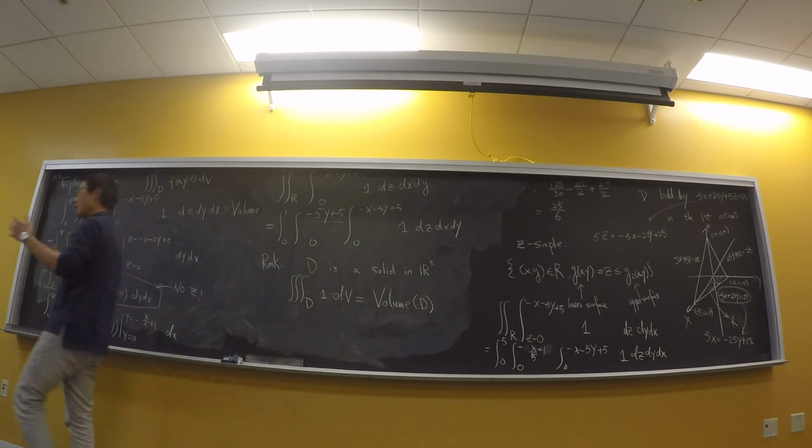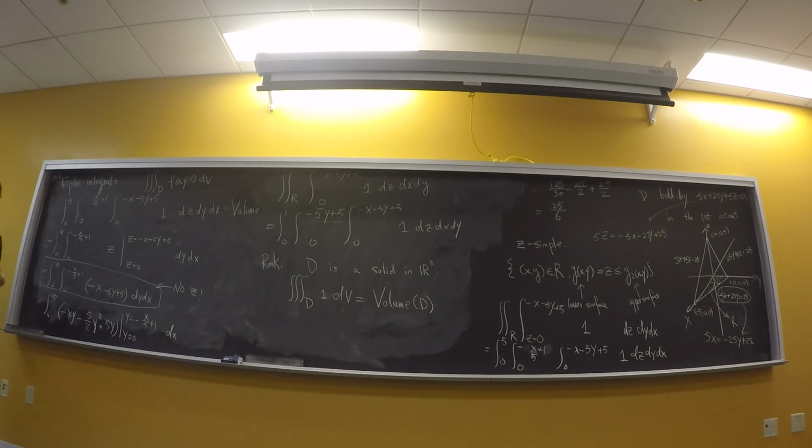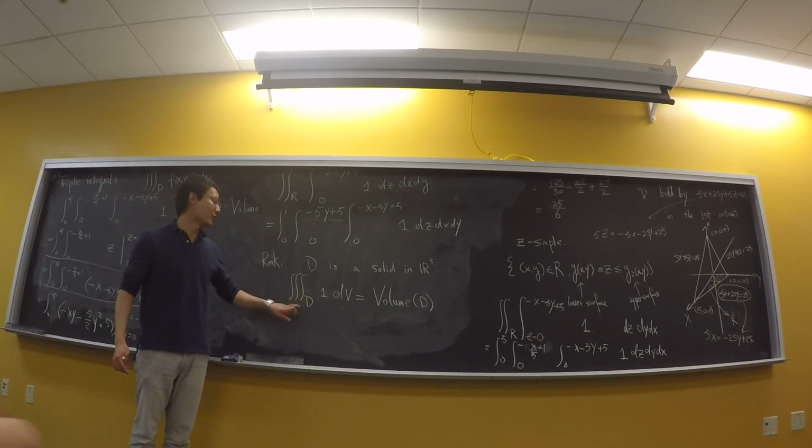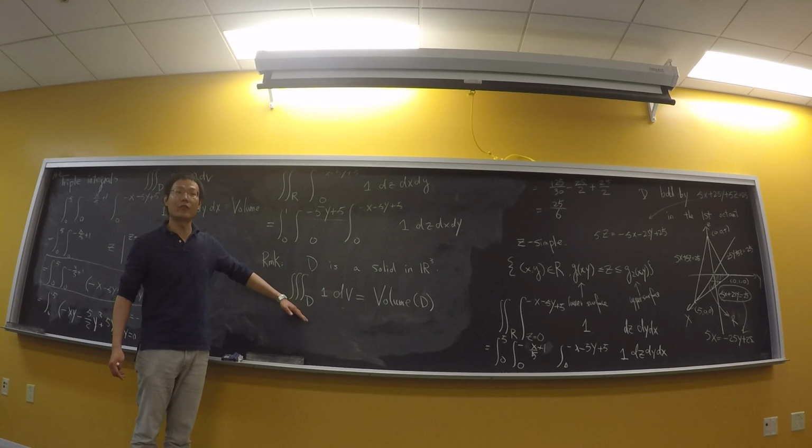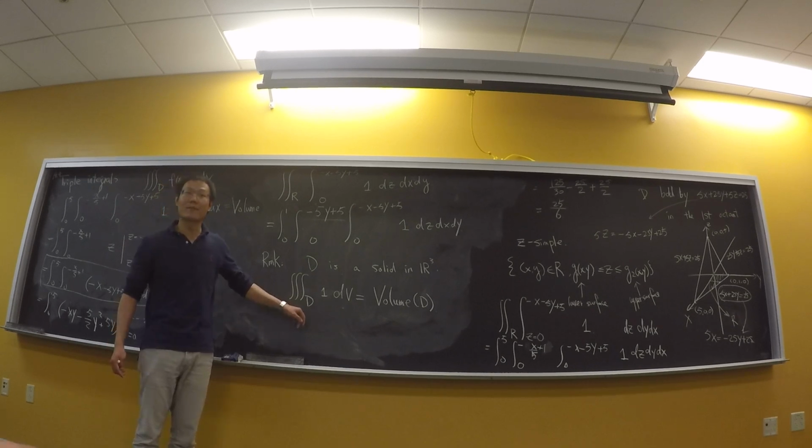So if you have a solid region in R3 and you want to compute its volume, the only thing you need to do is to compute the triple integral of the constant function 1. And this should be compared with the area formula we learned before in R2. Do you still remember that?